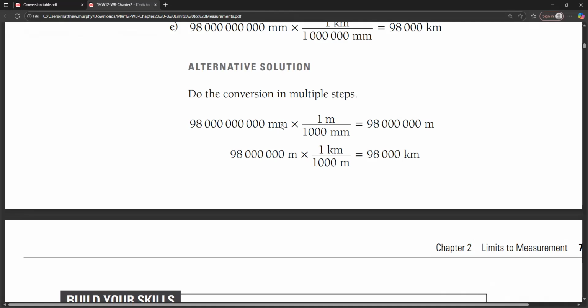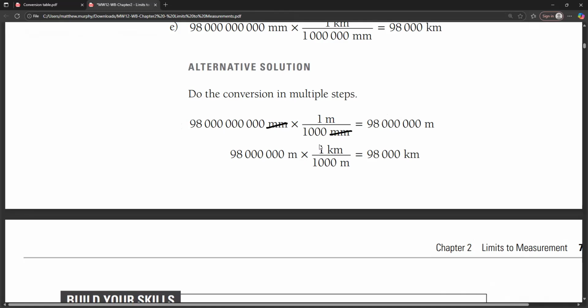And we're going to turn it into meters. And they cancel. So 98 billion times 1 divided by 1,000 puts it into meters. Then take that 98 million meters, bring it over here, and we're going to finally turn it into kilometers.